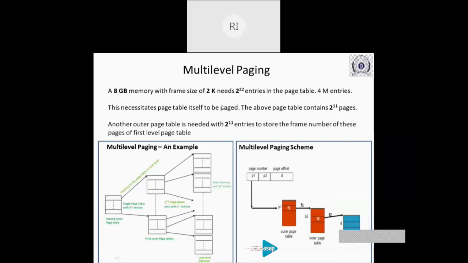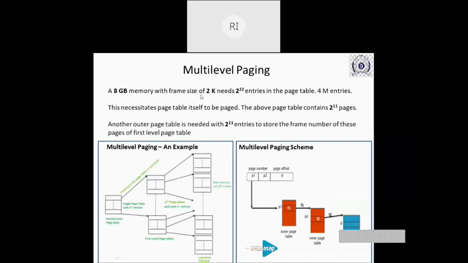When we divide 2^33 by 2^11, that is the size of the frame, we get 2^22. So the total number of frames will be 2^22 in the RAM. Correspondingly, we have a maximum of 2^22 entries in the page table.